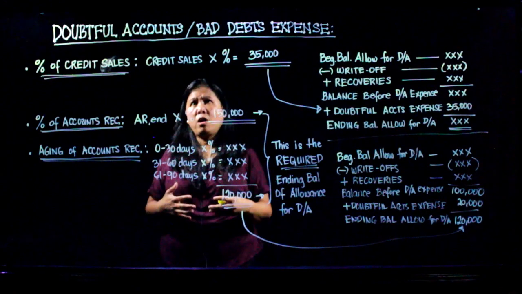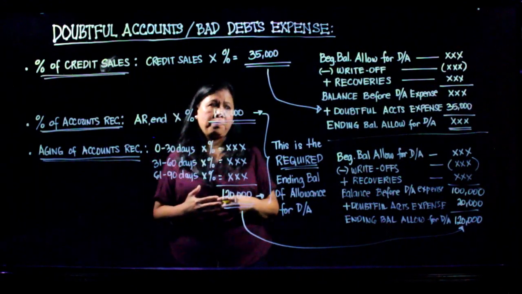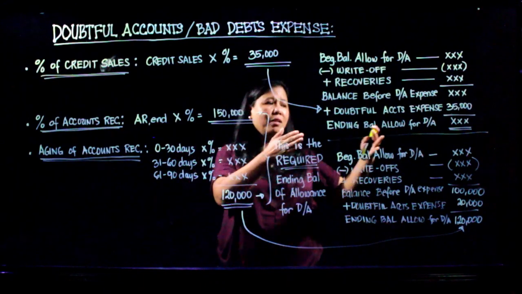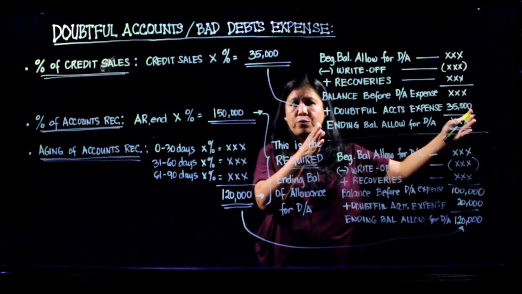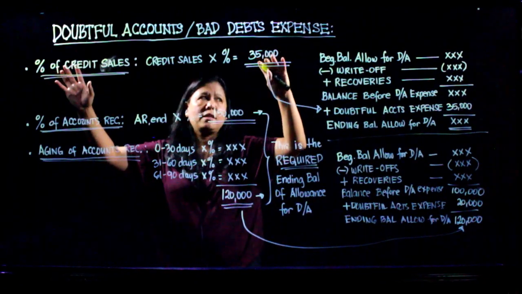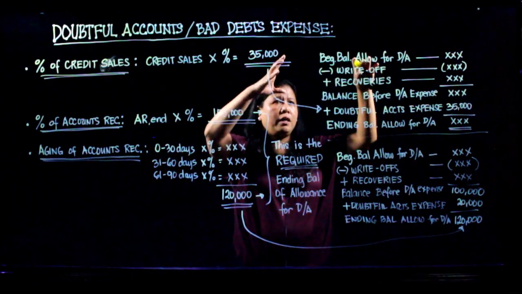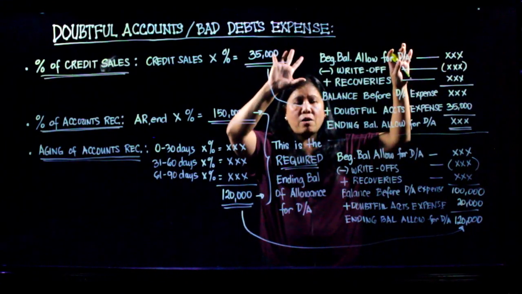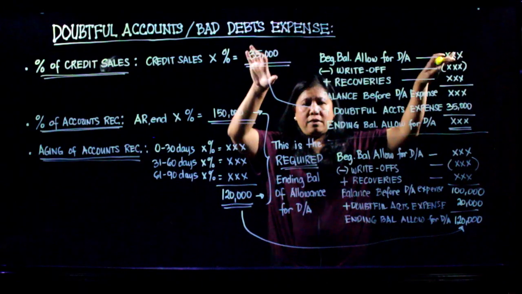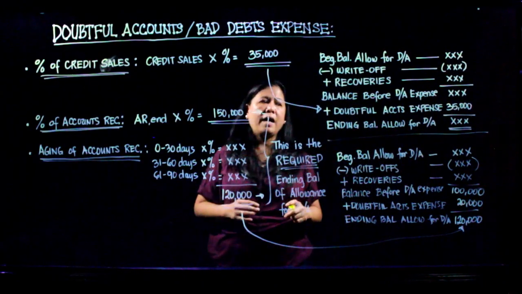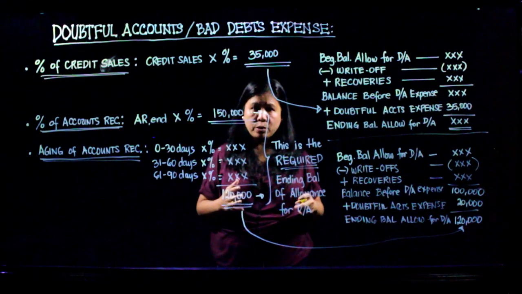But if you are required in the actual exam to calculate the ending balance of the allowance for doubtful accounts using the percentage of credit sales, you have to start with the beginning balance of the allowance for doubtful accounts, and then you end up with the ending balance of allowance for doubtful accounts.